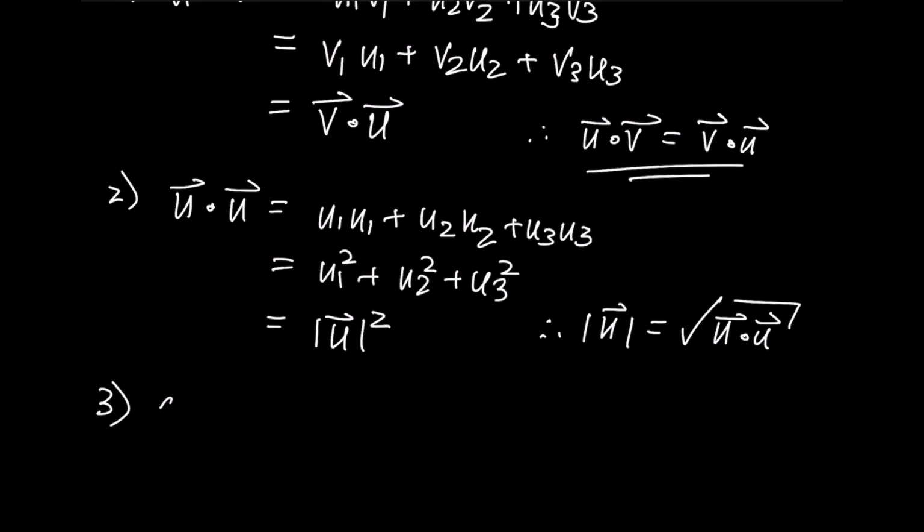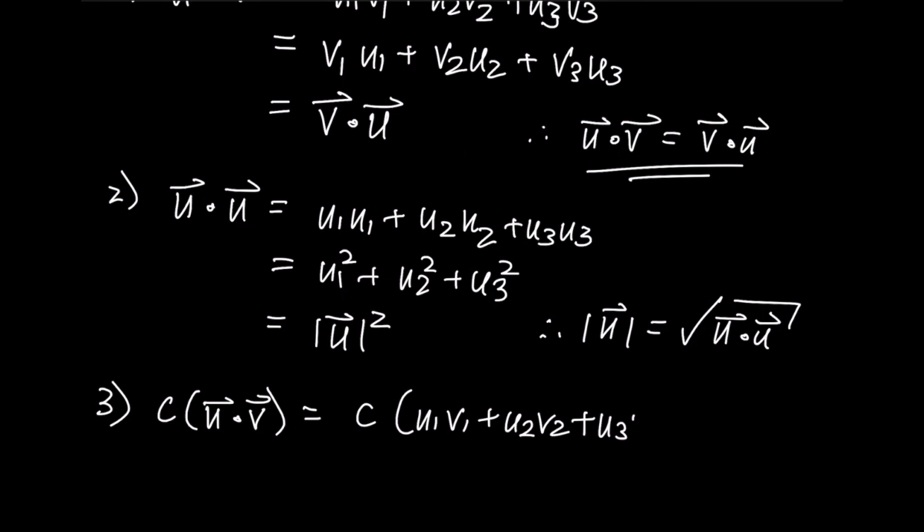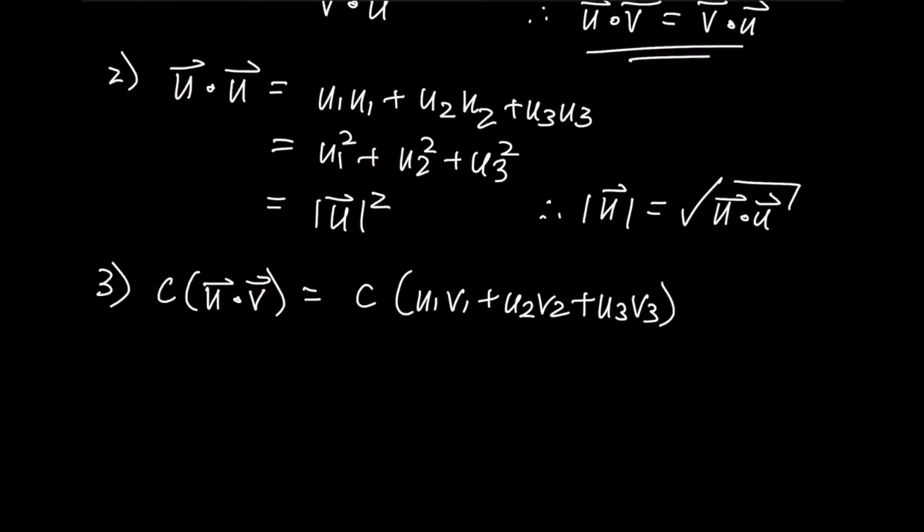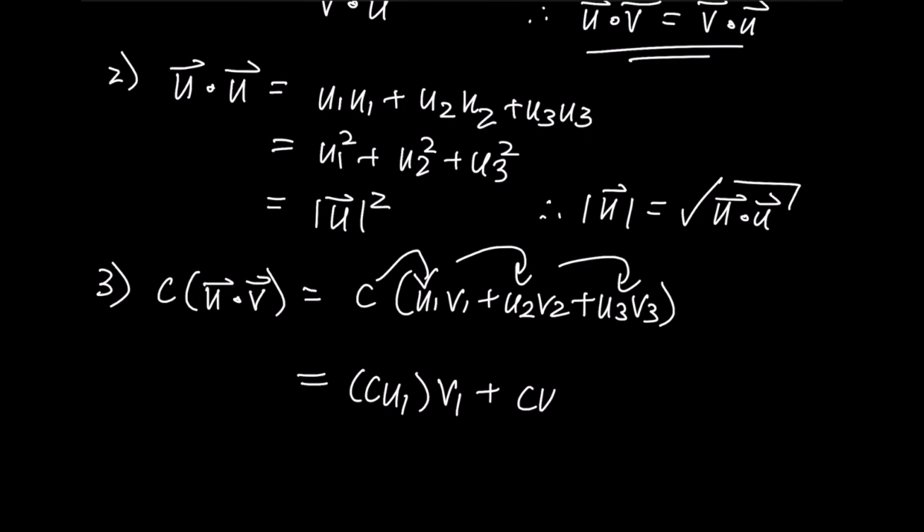If I have a constant with a dot product, I can simply use the definition of this dot product and use the properties of real numbers. So if I wanted to, I could distribute that c to each term and then rewrite each one of those terms as follows.